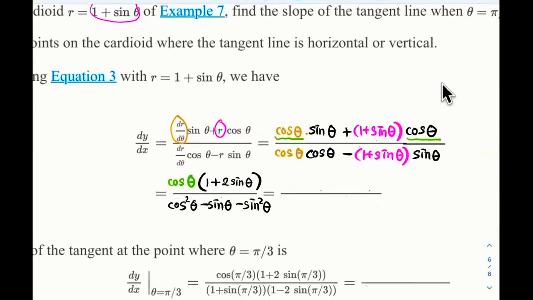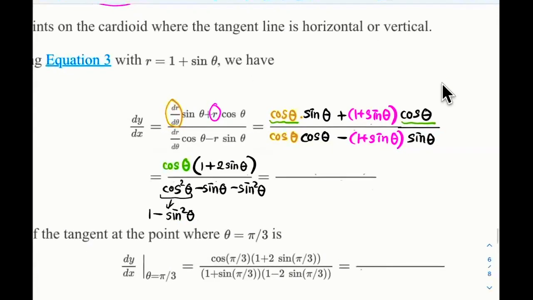Let's see what happens. For the denominator, what do we do? How about we convert that all into sine theta? Can I replace the cosine square here by something with sine square? This is 1 minus sine square, right? So let's see what we have here.